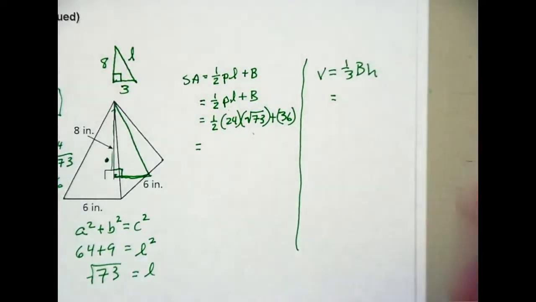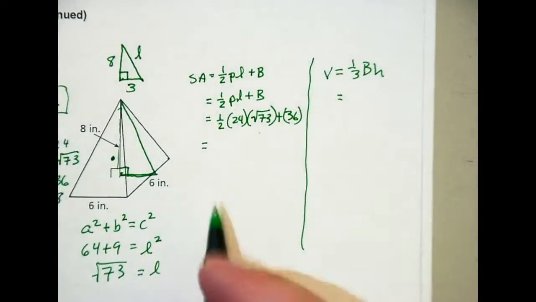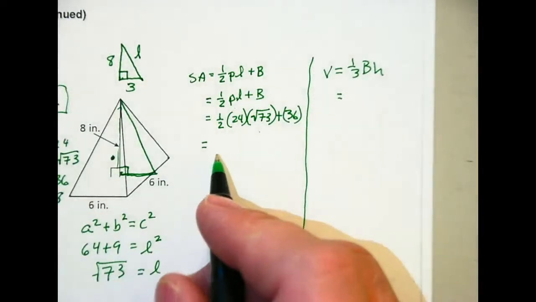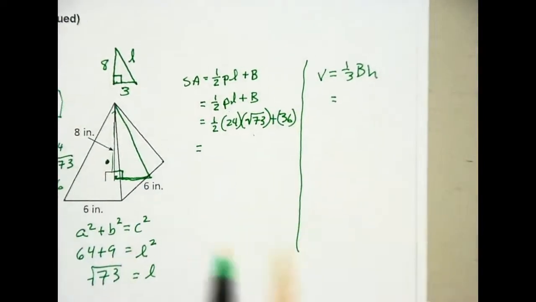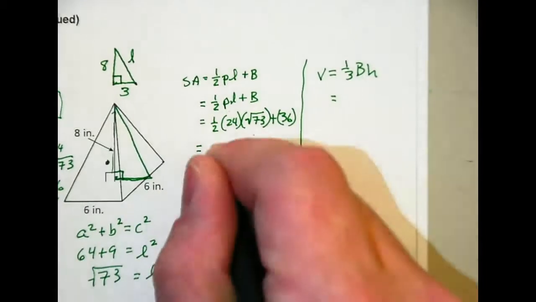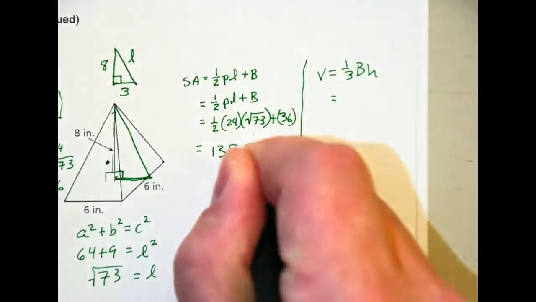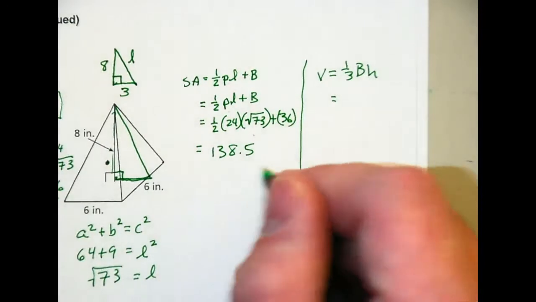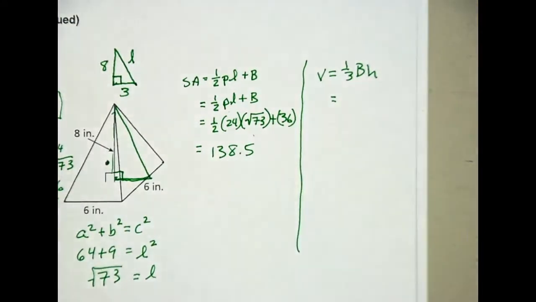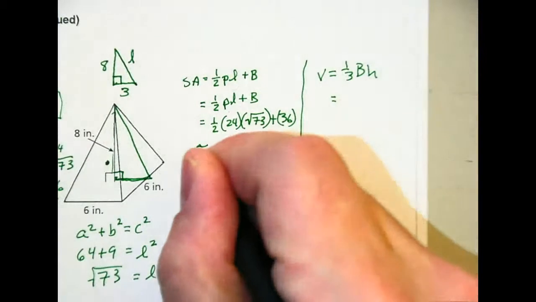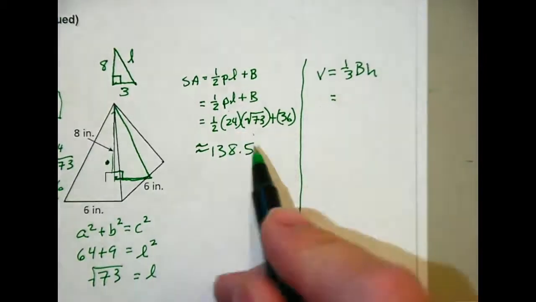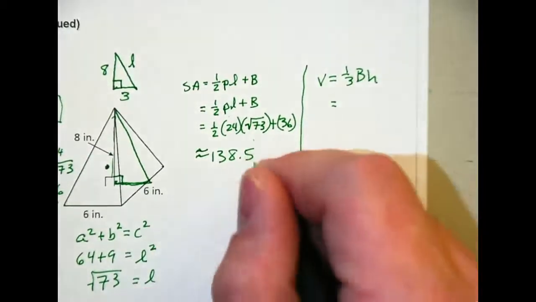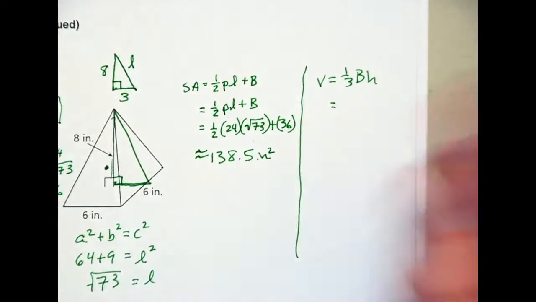Olivia, what'd you get? 138.5. Anyone second that? 138.5? Yes. How many got that? Okay. All right. So making sure if you didn't get that, we compare our work. I'll be walking around here in a minute.